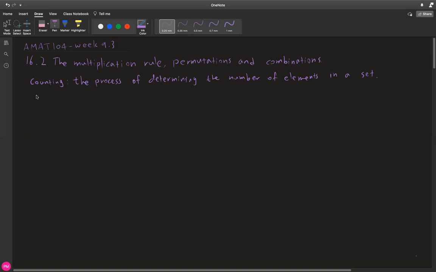Okay, so that was pretty simple. That's just meaning counting. And here's the multiplication rule.